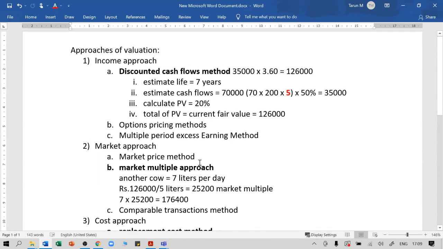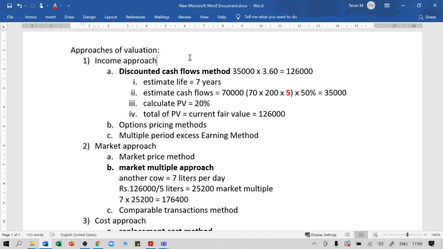Now, as far as the income approach is concerned, there are many methods. In the profession of valuation, internationally, many standards are there. Are you aware that there is something called accounting standards and auditing standards and IFRS and Indian accounting standards? Just like we have standards in the field of accounting, we also have standards in the field of valuation.